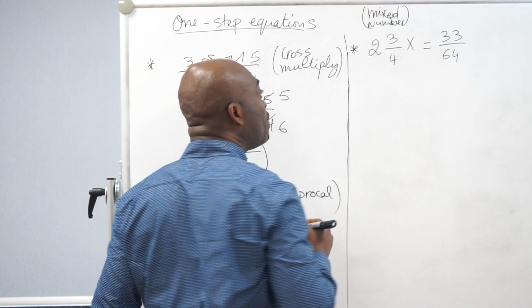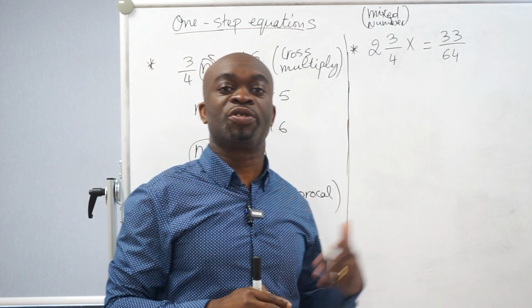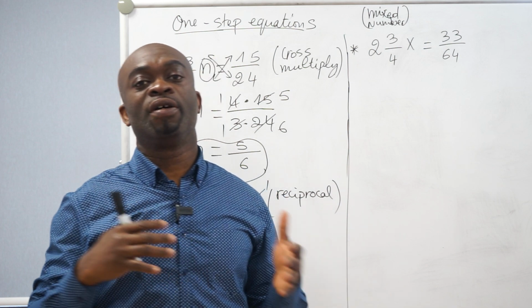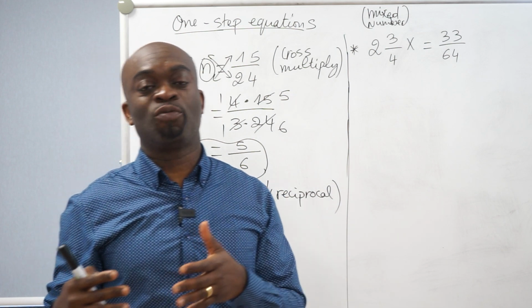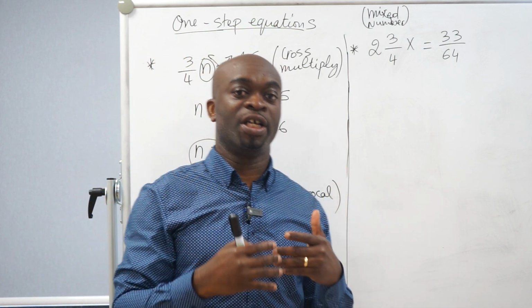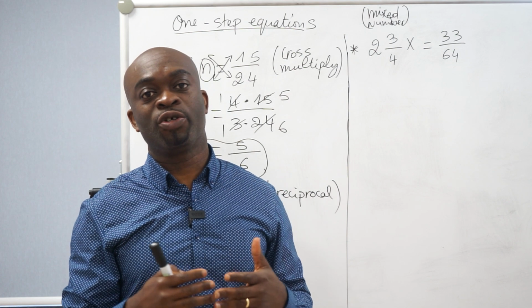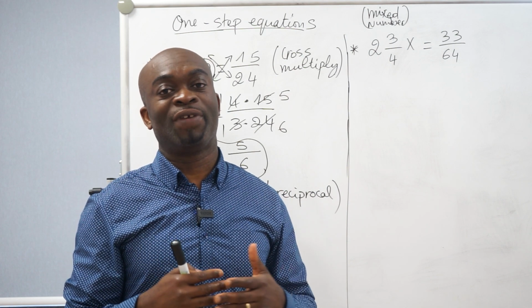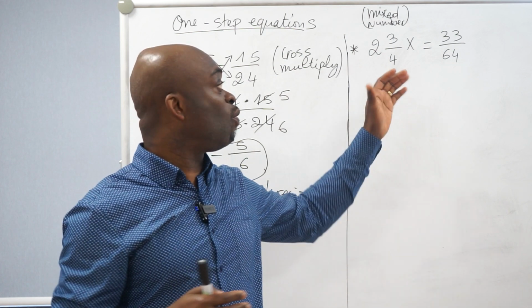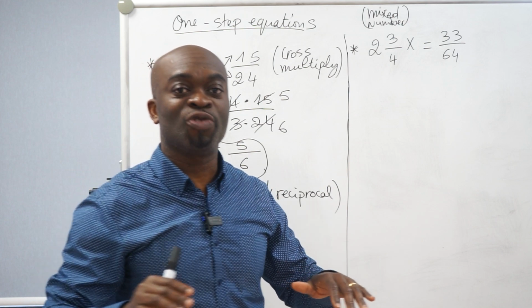The best thing to do is to change that mixed number into a fraction, what we call an improper fraction. Again, get back to our videos on fractions, so that will make your life a lot easier.